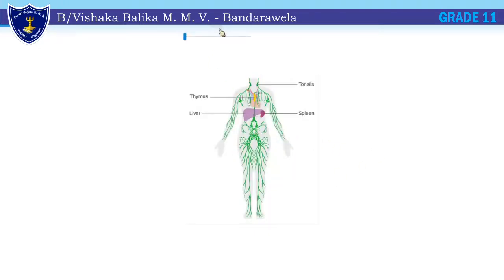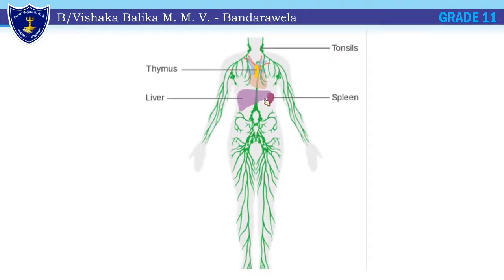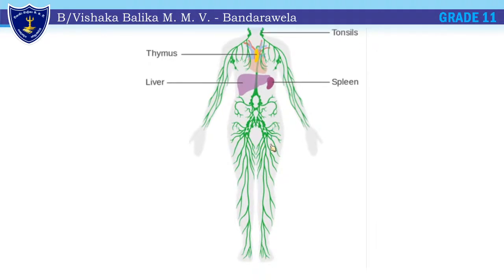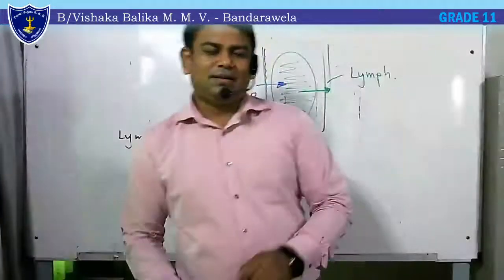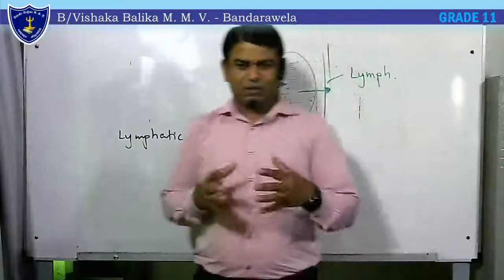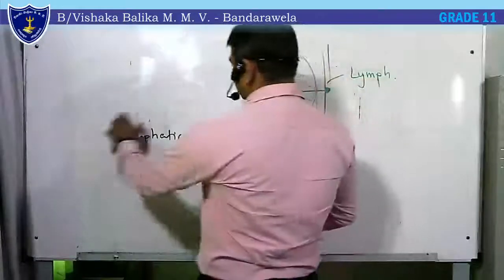Look at this. This is also a clear diagram. Thymus, tonsils, spleen, liver are shown, and the thymus and the spleen are directly associated with the lymphatic system.